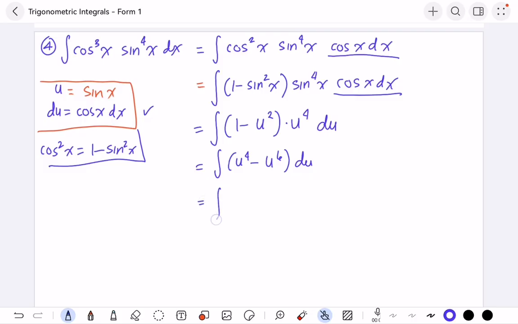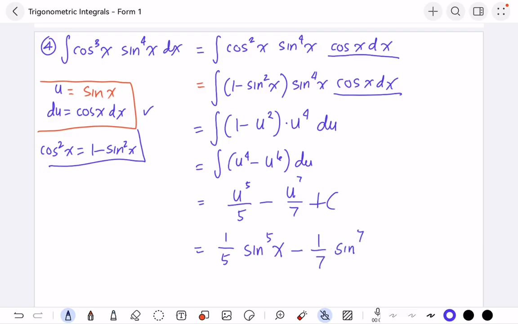The antiderivative now is u to the 5 over 5 minus u to the 7 over 7 plus c. Substituting back u equal to sine x, I have 1/5 sine to the 5th x minus 1/7 sine to the 7th x plus c.